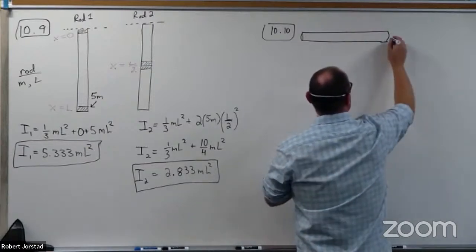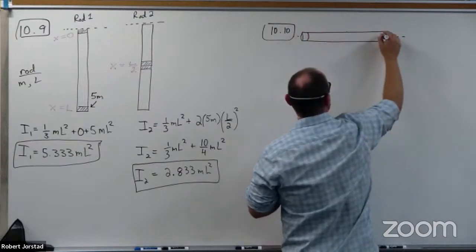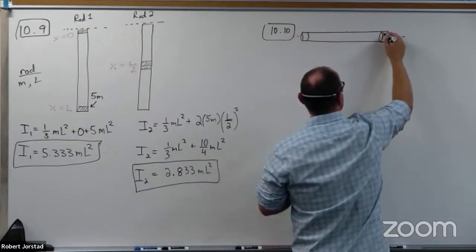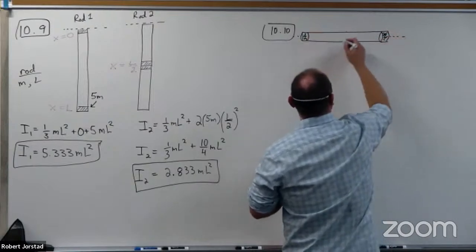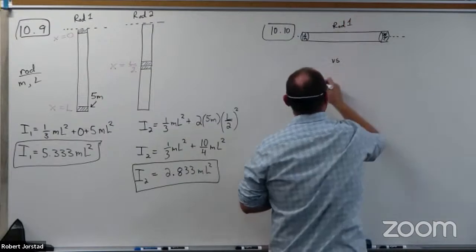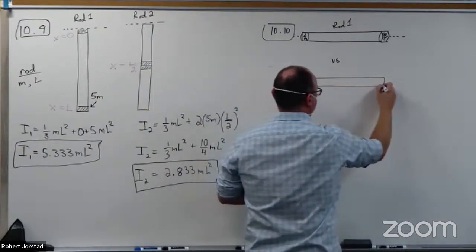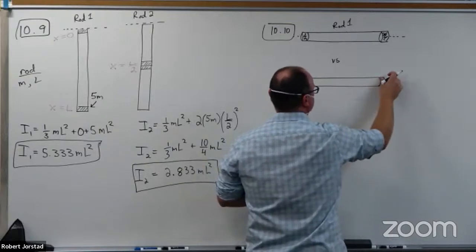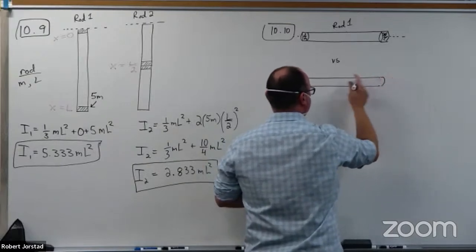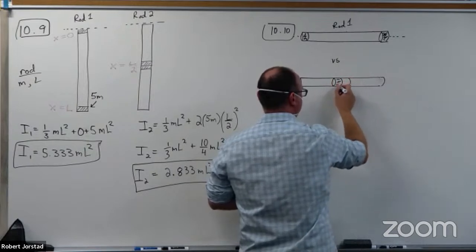It's through the long axis of the rod, right? Wouldn't be spending time on this if I didn't think it was worth it, so I apologize if it's a little boring.